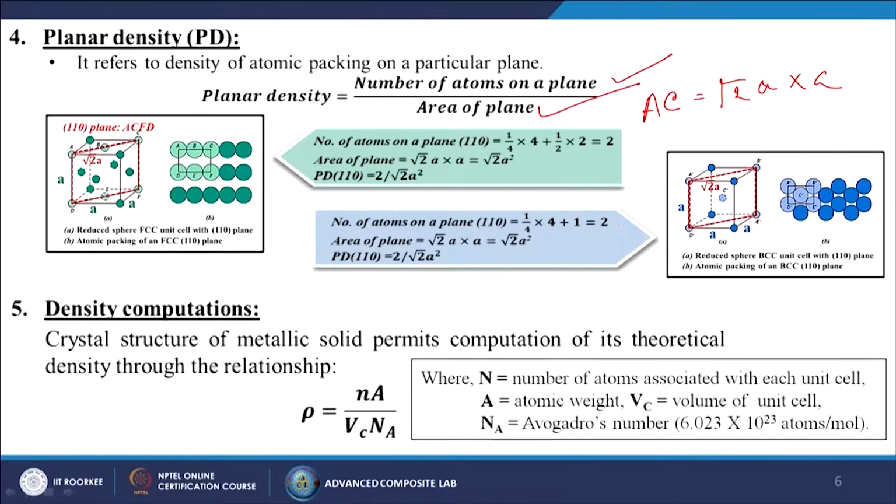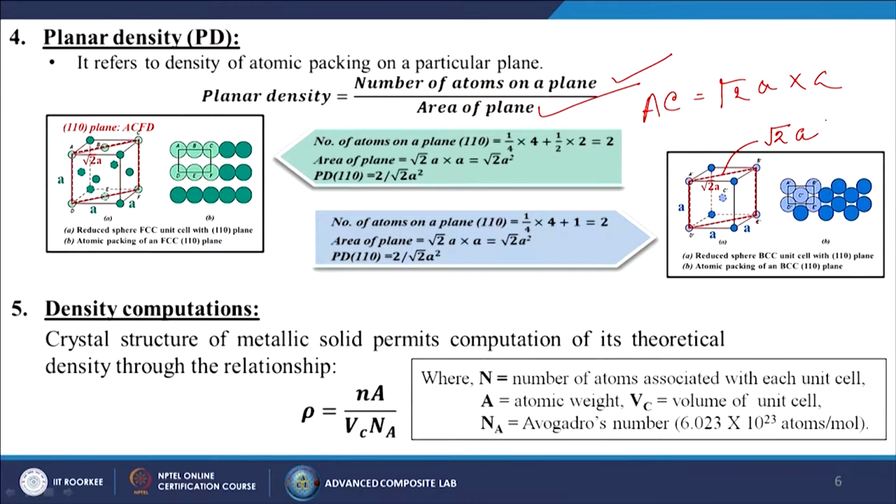The area of the plane is root over 2 A into A, because A prime to B prime is also root over 2 A. Now, what is the planar density? For the 110 plane, it is 2 by root over 2 A square.